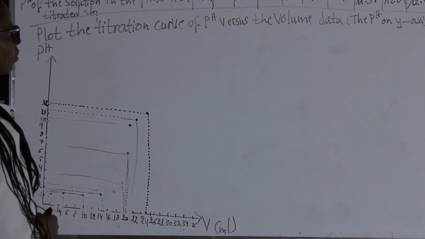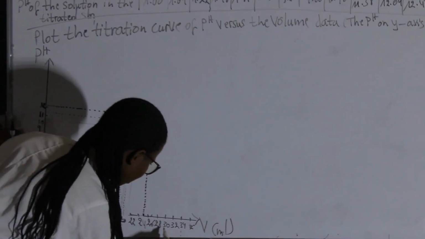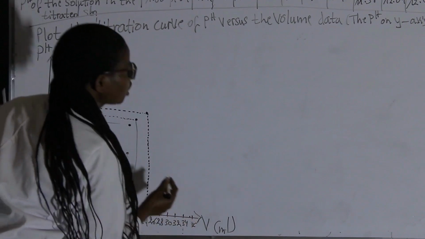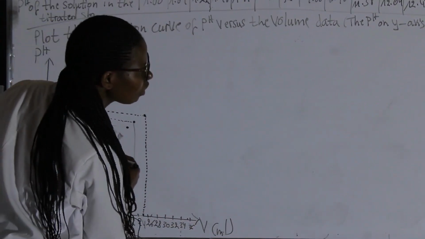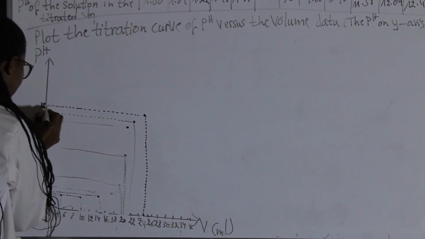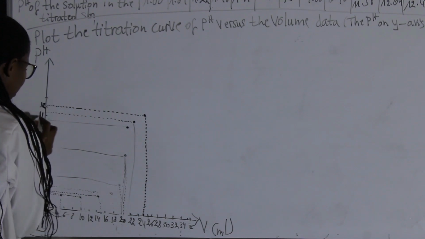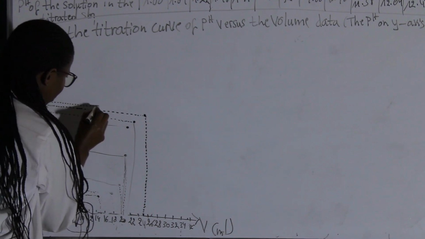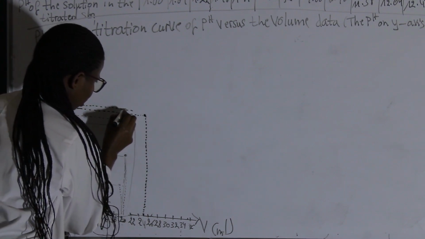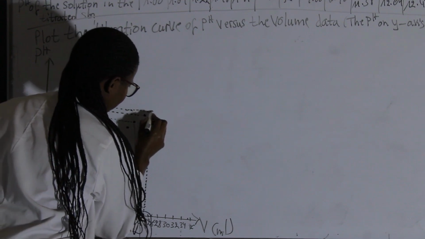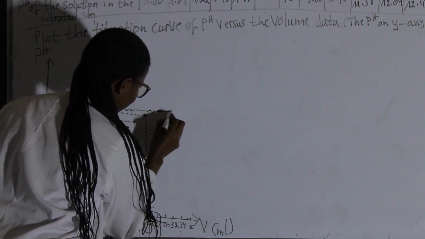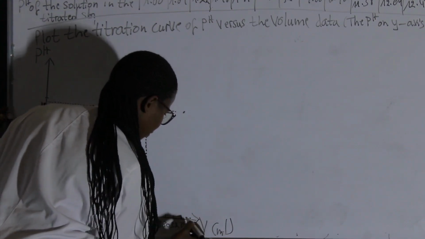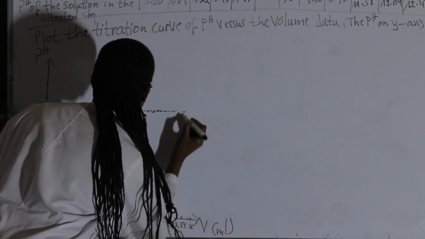Adding 35.5, the pH became 12.43, somewhere about here.